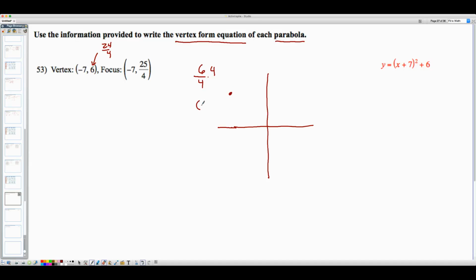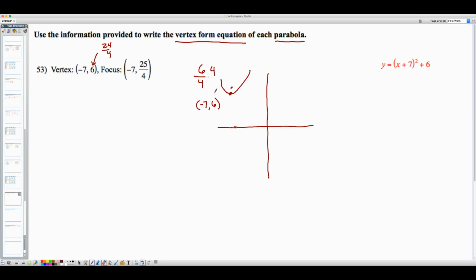There's my vertex. I'm just sketching a graph to help me figure this out. And the focus is going to be at negative 7, and it's going to be a little bit more than 6. So it'll be up here. So it's going to open up something like this, I think, if that's right.